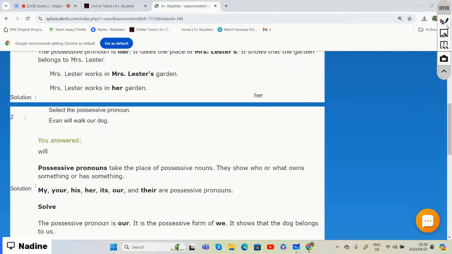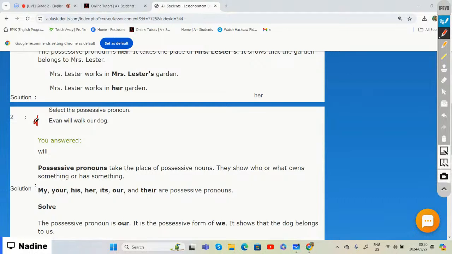All right. If we look at the next one, we need to select the possessive pronoun within that sentence. It says Evan will walk our dog. What is the possessive pronoun within that sentence?